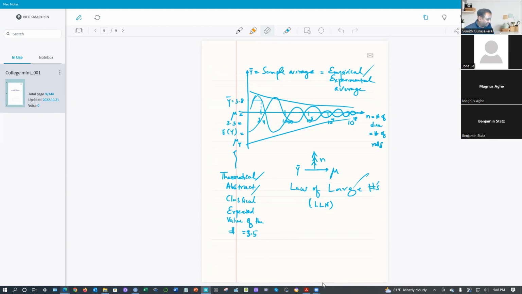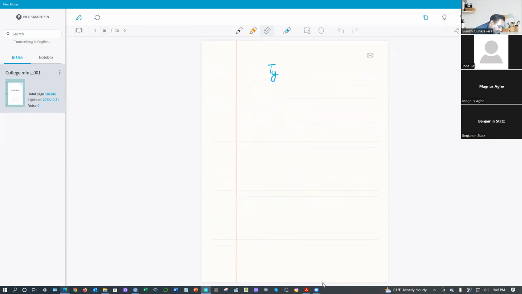I'm going to go back to this one. Types of distribution, you know, there are three types. This is the best example in which we can talk about all three. The first one is the population distribution.